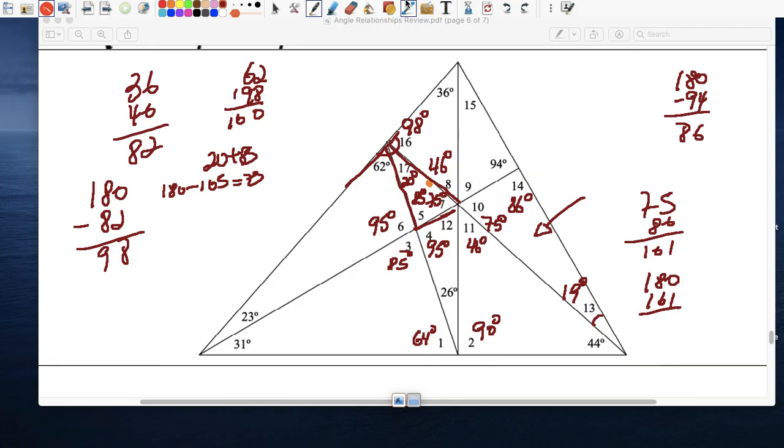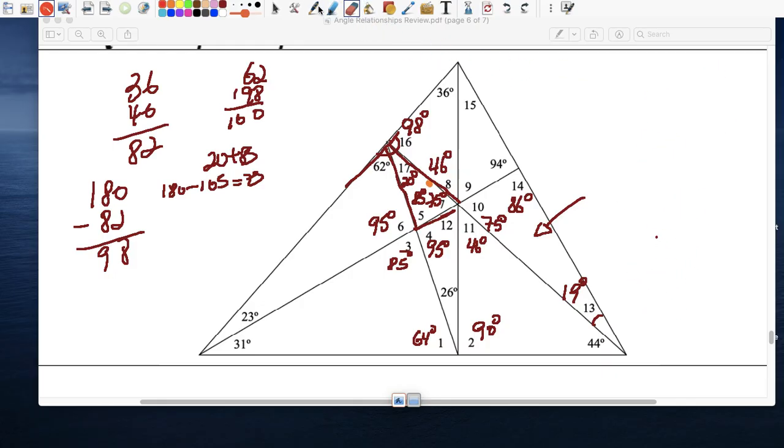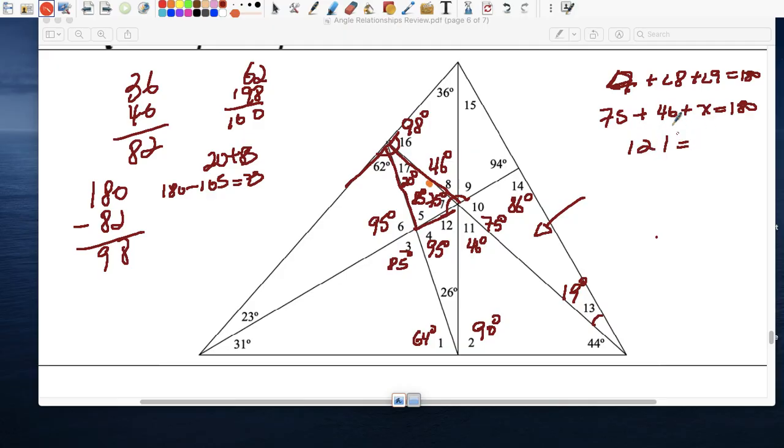I want to find angle 9. I don't have the value, but I can find it because we have a straight line. So angle 7 plus angle 8 plus angle 9 equals 180. Angle 7 is 75 degrees. This is angle 7, by the way. Angle 8 is 46. Angle 9, let's just call that x. 75 plus 46 is 121, so 121 plus x equals 180.